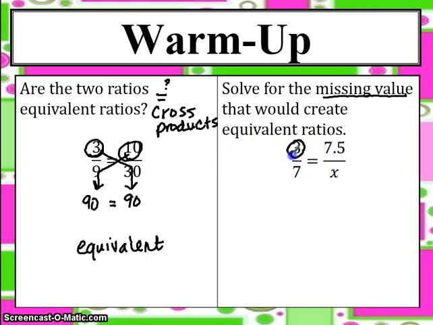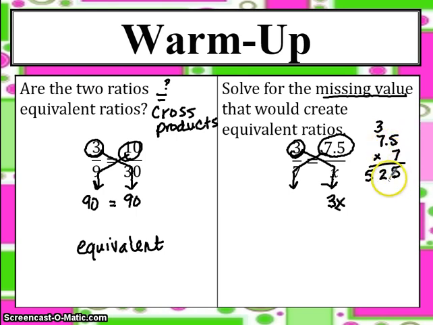So for example, 3 times x is 3x. 7.5 times 7: 7 times 5 is 35, 7 times 7 is 49, and 3 more is 52. One decimal place, so we get 52.5.